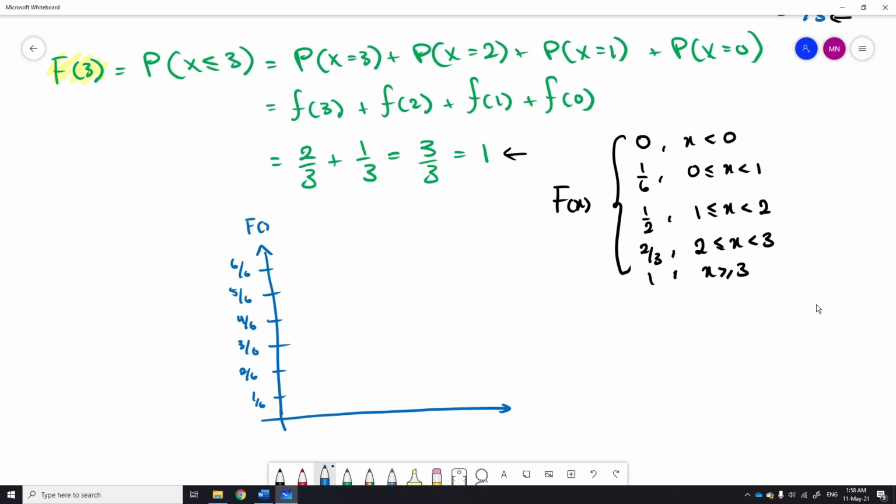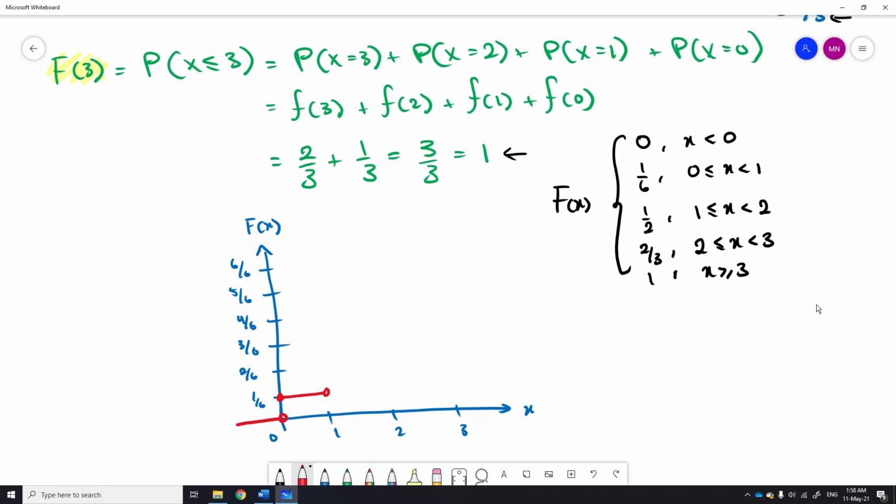So this is the Fx, and this is for x. We have 0, 1, 2 and 3. For value less than 0 the Fx is 0, a hollow circle right over there. And then for the value starting from 0 until 1, the value is 1 over 6. Right here. And then the value starts from 1 until 2, it is 1 over 2.